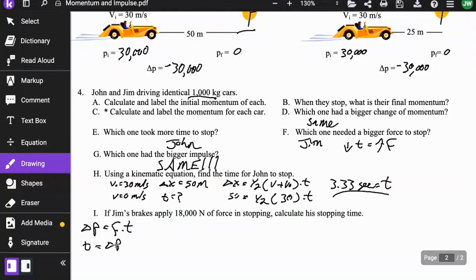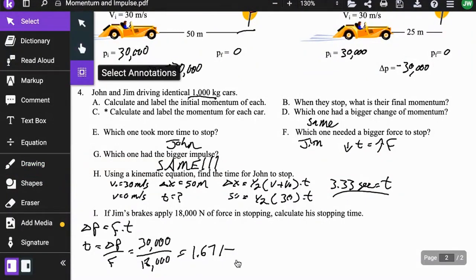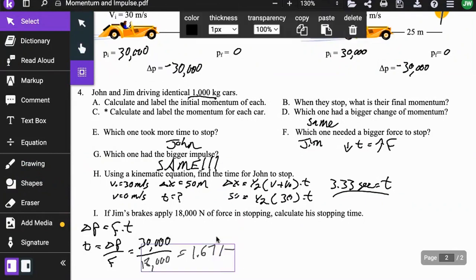We rearrange, we'd have time is equal to change in momentum over force. So 30,000 divided by the force of 18,000. Yes, it was a negative 30,000, but the force would be a negative 18,000 to stop, because a positive force would just speed us up. So negative 30,000 divided by negative 18,000, or 30,000 divided by 18,000, is going to give us 1.67.